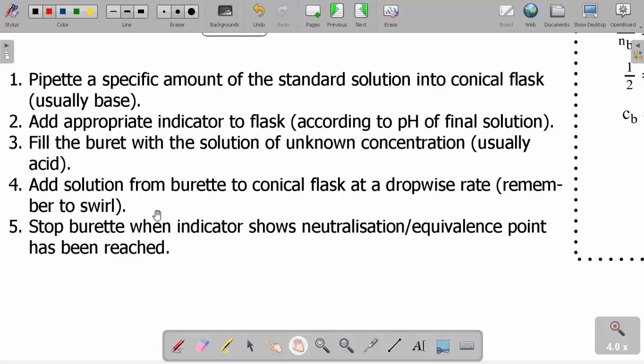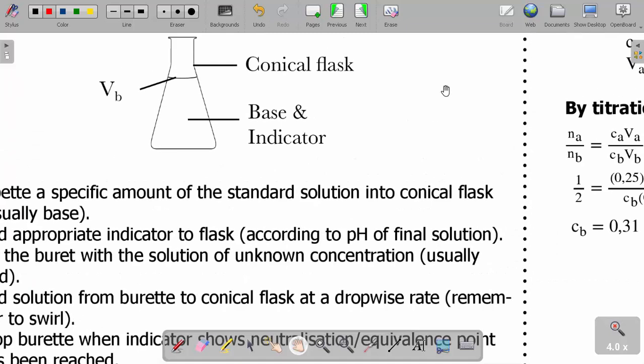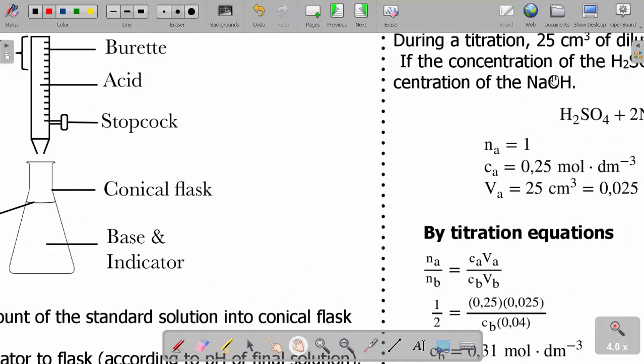Remember to swirl the conical flask, and then you stop the burette when the indicator shows neutralization. That means that the equivalency point has been reached. That's when you stop releasing the acid into the conical flask. So that's to do with titration. I think you see it at school when your teacher is doing it.